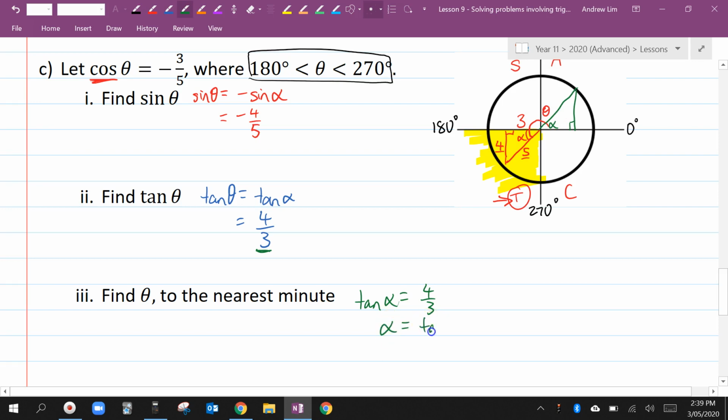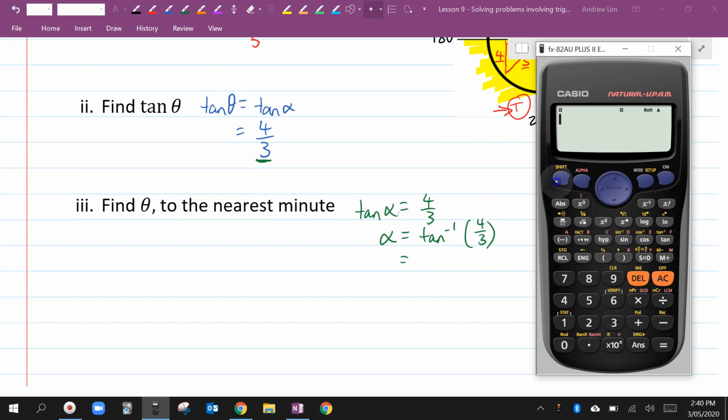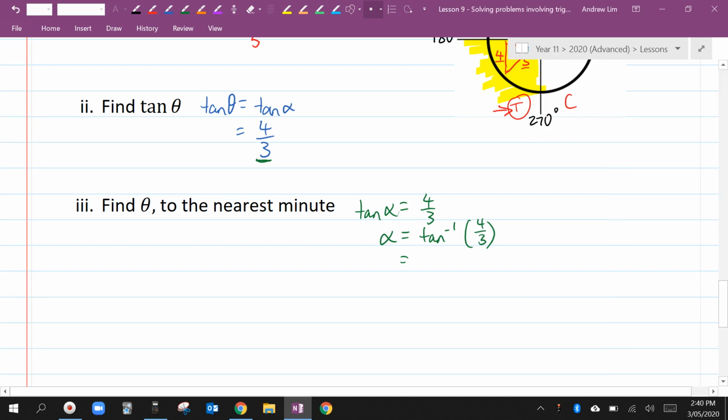Therefore, alpha is equal to the inverse tan, or arctan, of 4 over 3. So let's put that in our calculators. Make sure your calculator is in degrees, not radians. And we'll put it as 4 over 3. So to the nearest minute, that's 53 degrees and 8 minutes.